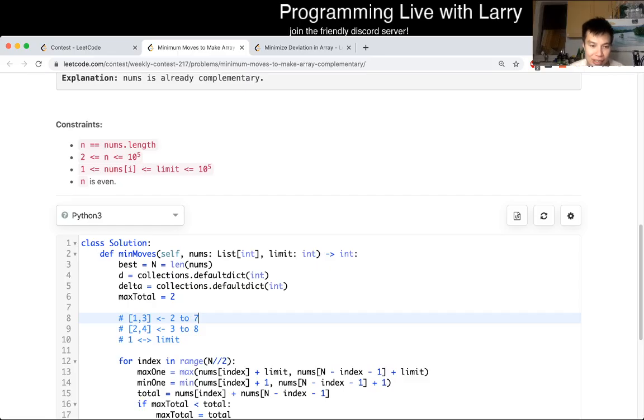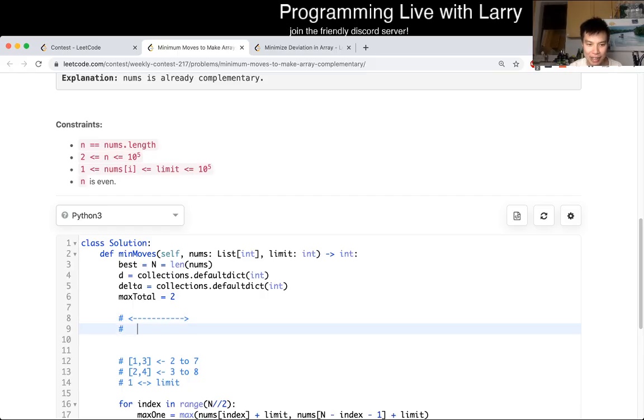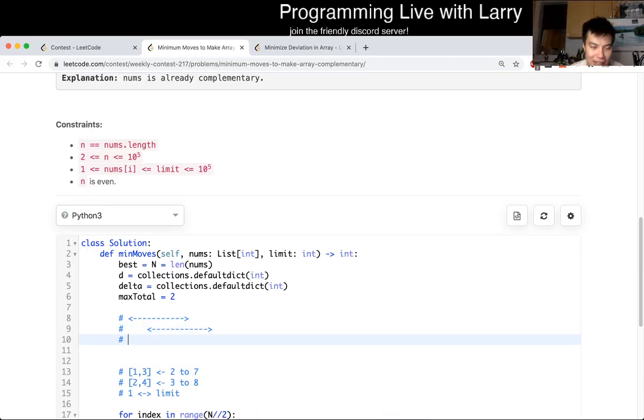Because basically you could look at this as, okay, from 2 to 7, you have this number line from 2 to 7, right? And then you have another number line from 3 to 8, right? And what that means is that outside of this, let's say we're trying to get this, maybe this is not a great example, but yeah.